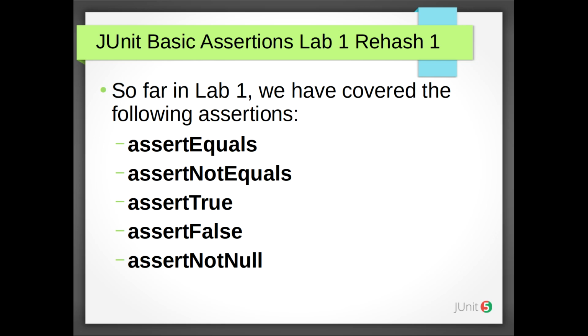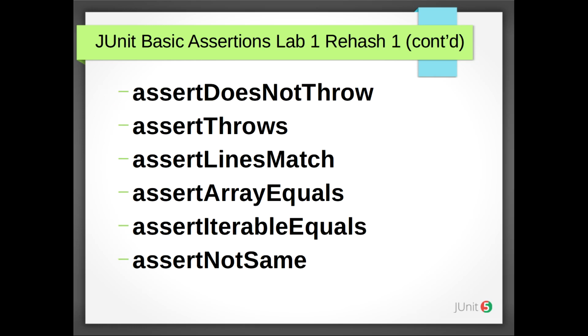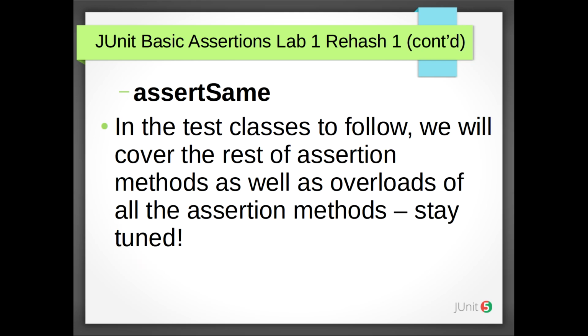JUnit basic assertions lab 1 rehash 1. So far in lab 1 we have covered the following assertions: assert equals, assert not equals, assert true, assert false, assert not null, assert does not throw, assert throws, assert lines match, assert array equals, assert iterable equals, assert not same, assert same.